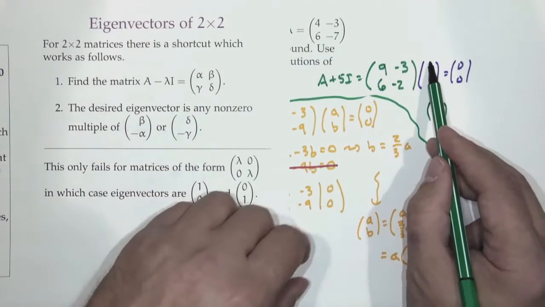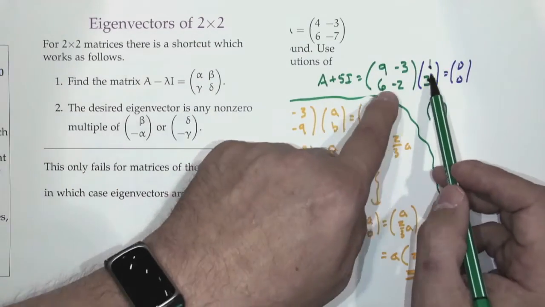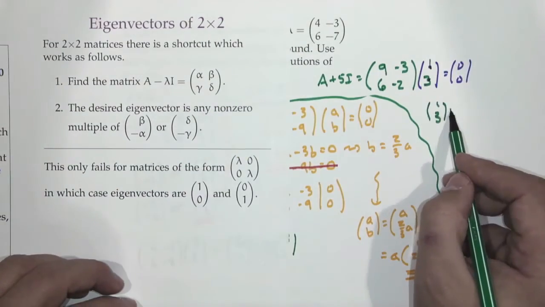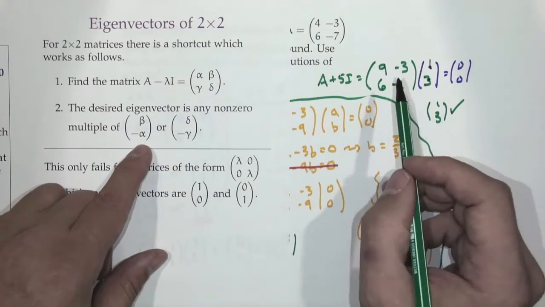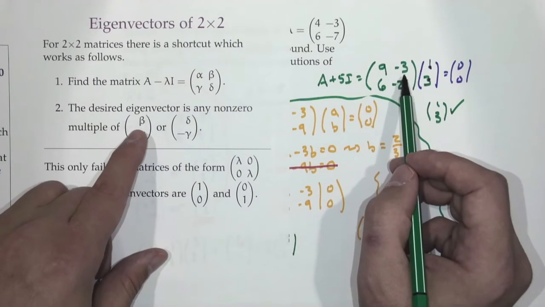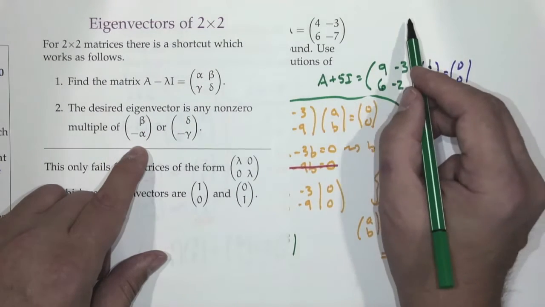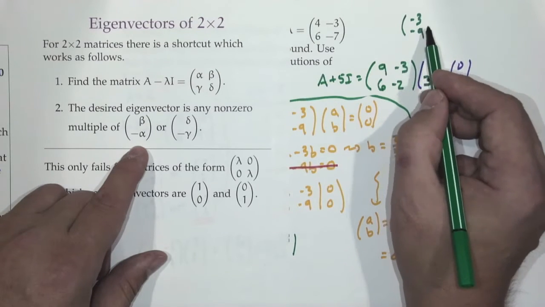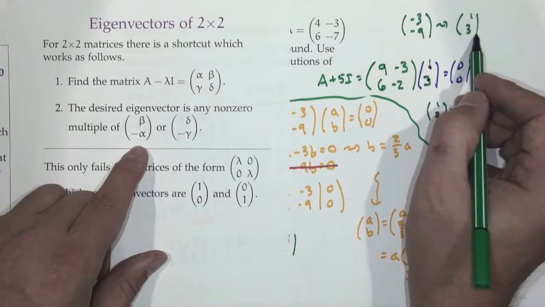You can always check, right? (1, 3). 9 minus 9 is 0. 6 minus 6 is 0. So that works. You could, of course, also have said, oh, all right, I'm going to take my -beta, minus alpha is -9, and that would have been your (-3, -9). Well, I can scale by -1/3 and get (1, 3).